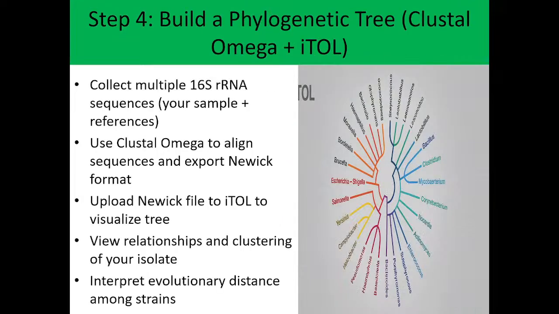Then step 4 is how we can build a phylogenetic tree using what is called Clustal Omega or ITOL. By now, ITOL should not be something new to you, because you must have used that effectively in your first year.